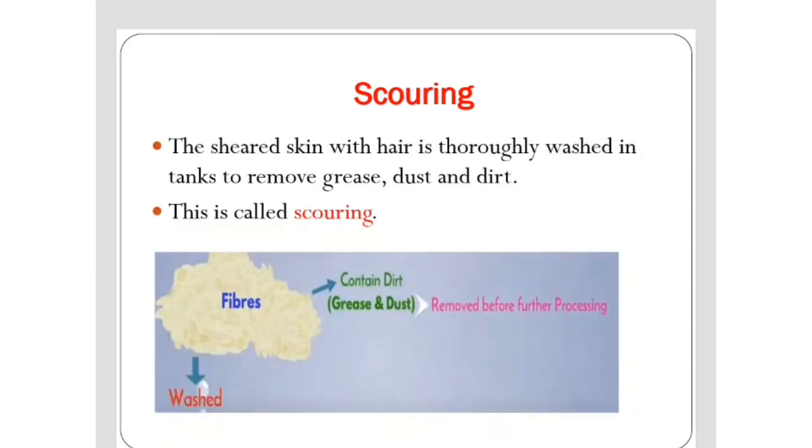Second step is scouring. The sheared skin with hair is thoroughly washed in tanks to remove grease, dust and dirt. This is called scouring.